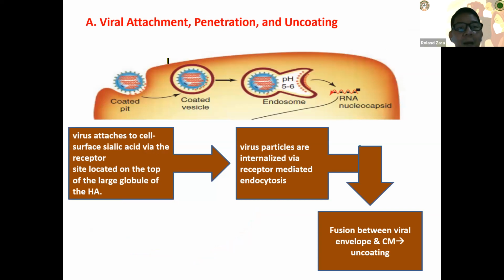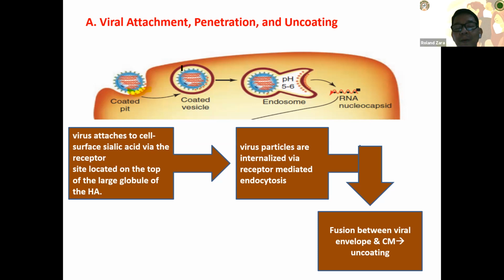So your viral attachment, this one, the virus attaches to the sialic acid portion of the plasma membrane via the receptor, located on top of a large globule. Earlier there was an active site, and it binds here to the sialic acid, the large globule of your hemagglutinin.